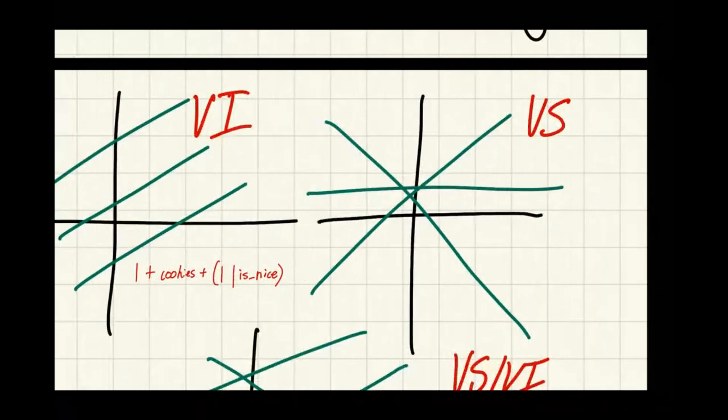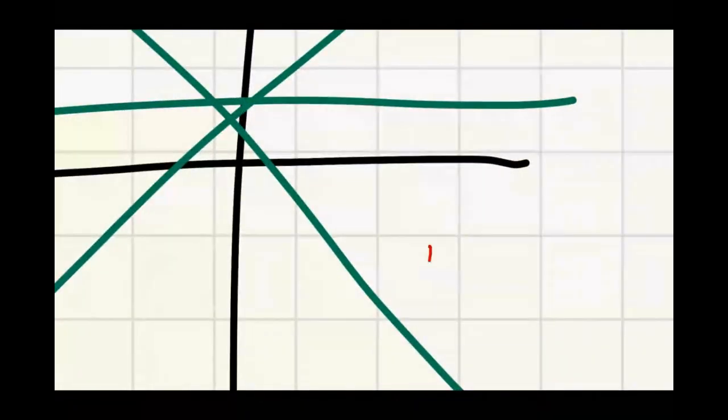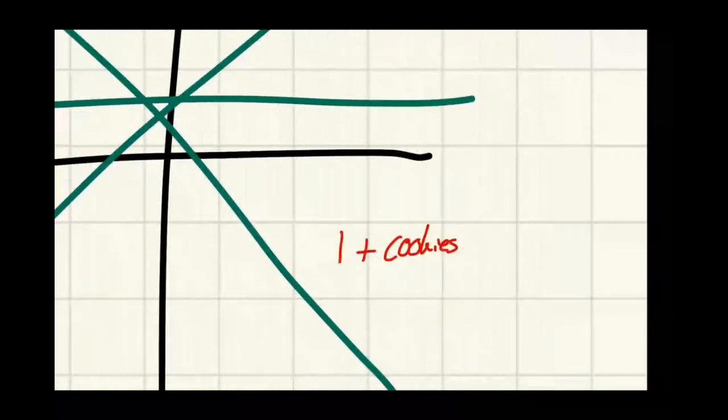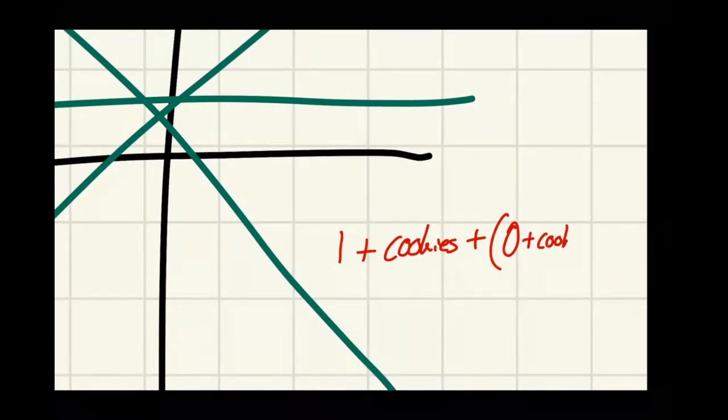Varying slope would be 1 plus cookies plus 0, because I'm saying, don't vary the intercept, plus cookies by is nice.